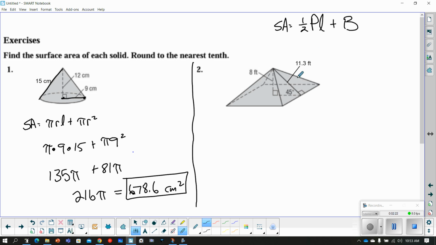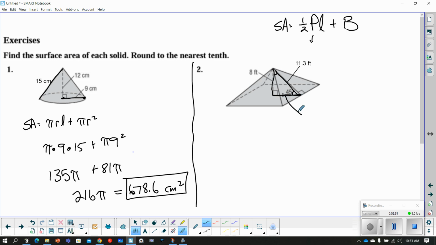Okay, let me go ahead and give you some measurements here. So first of all, we're going to figure out the perimeter of this base. So notice this triangle right here, and I'm just going to give this to you. If this angle here is 45 degrees, that means this angle here would also be 45 degrees because 45 plus 90 makes 180 degrees. That means that this side here, that's 8, would be the same measurement as this side here.